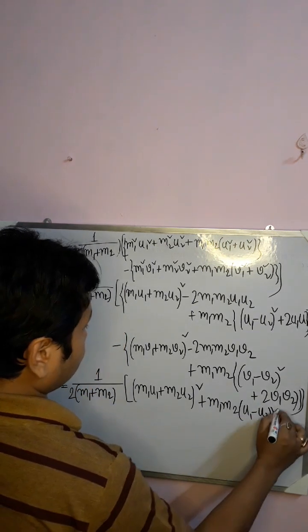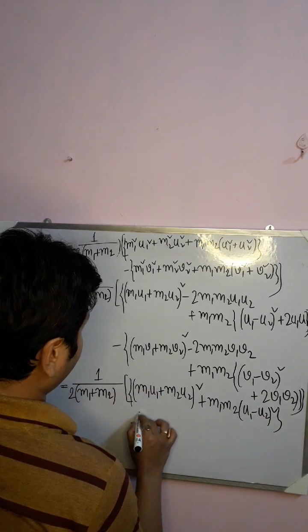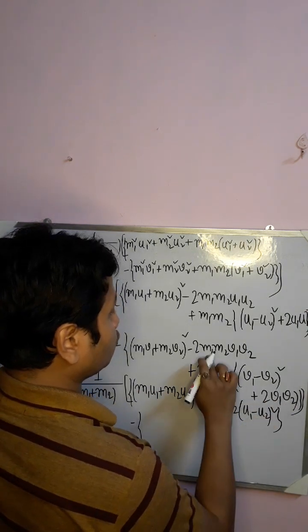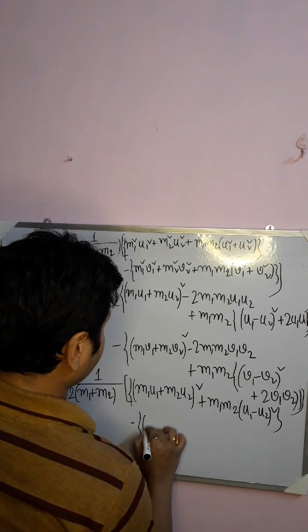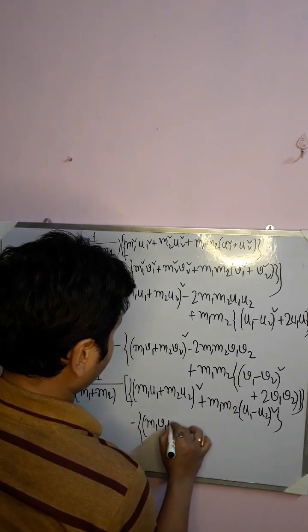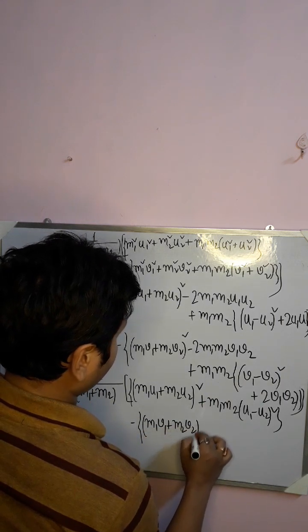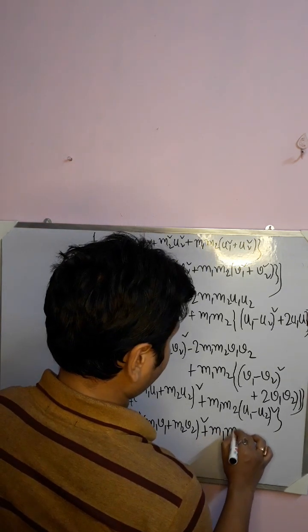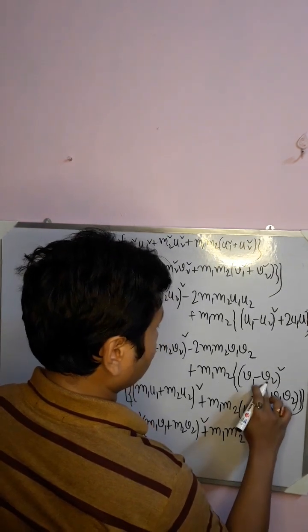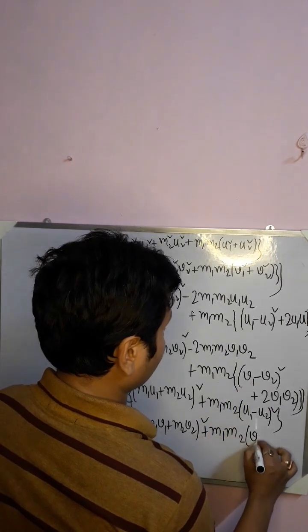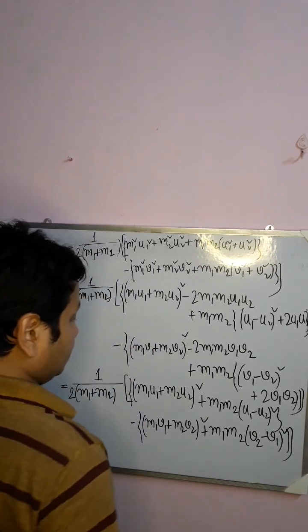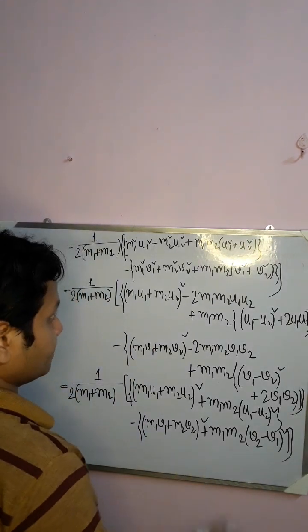And here also 2 m1 m2 v1 v2 and 2 m1 m2 v1 v2 cancel, so we can write m1 v1 plus m2 v2 whole square plus m1 m2 into, this can also be written as v2 minus v1 whole square, since there is a square term. So we can write in this manner.